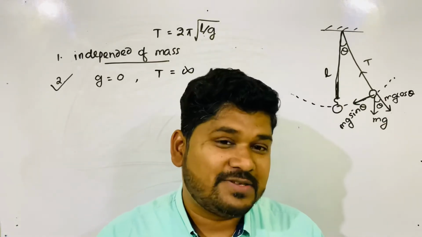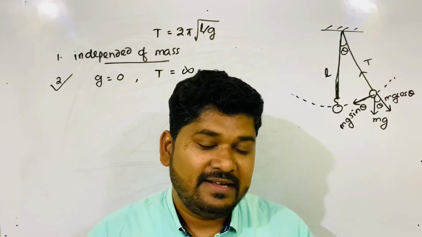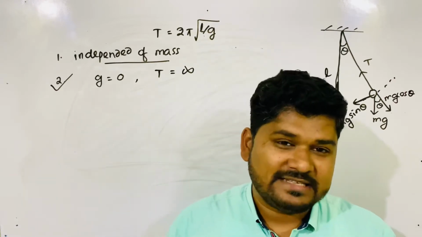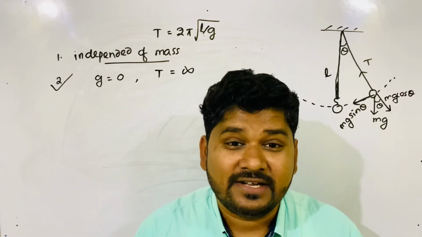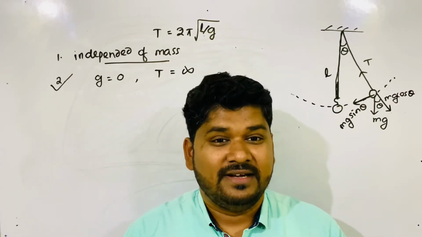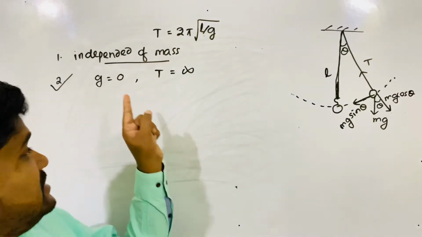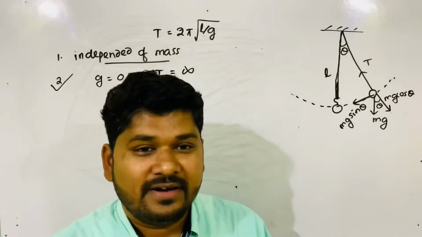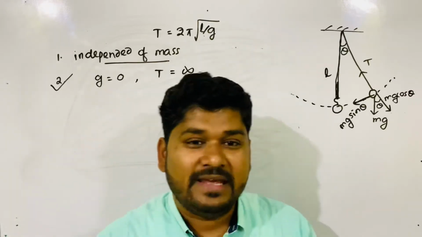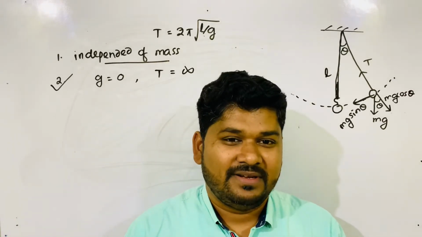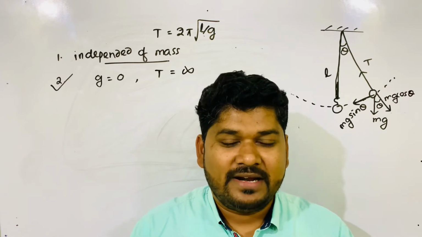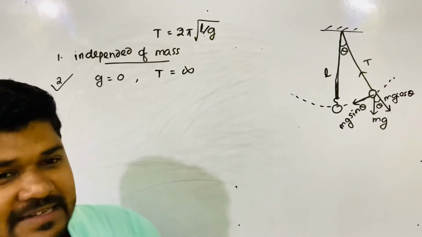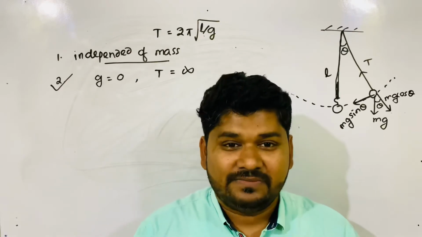Just like inside a satellite, the same thing happens at the center of Earth. At the center of Earth also the value of g is equal to 0. Time period of the pendulum is infinite. Inside a freely falling lift, what is the effective value of g? That is also 0.